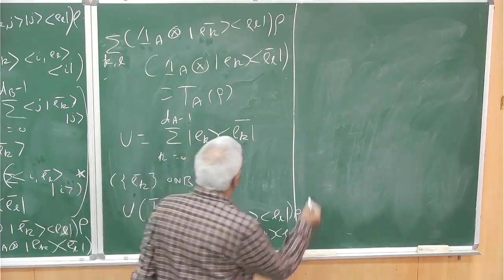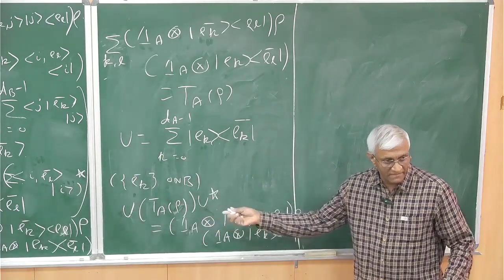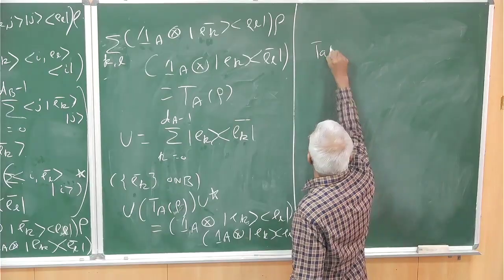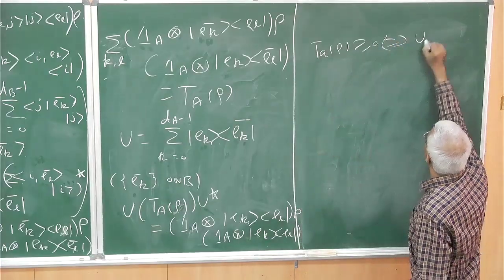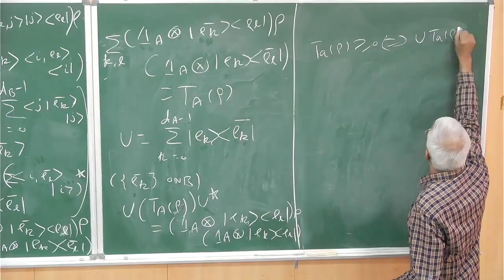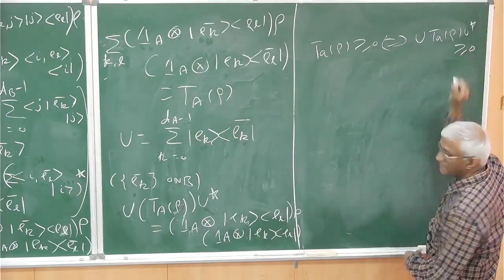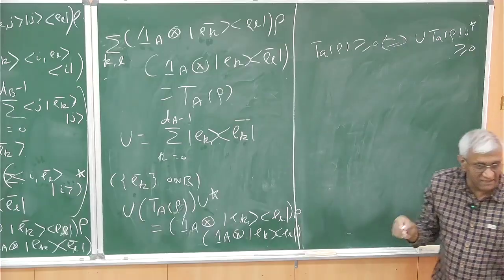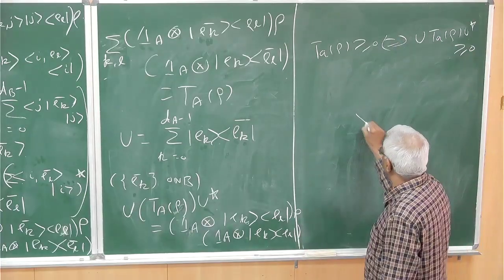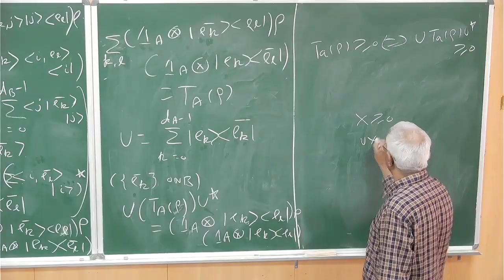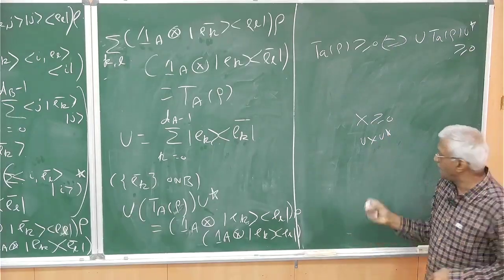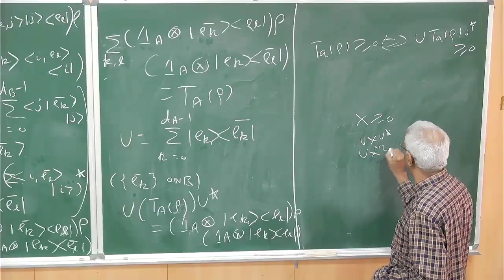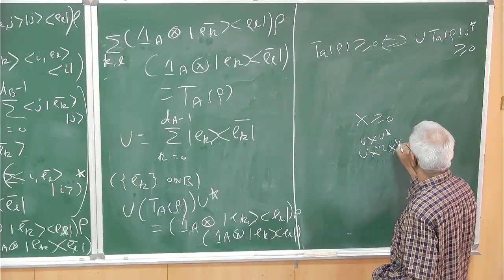Now, if TA rho is positive, this is also positive. TA rho is positive implies, in fact it is equivalent, that U TA rho U star is also positive. If any X is positive, then U X U star is also positive. You use the definition directly, or you can write it as U X power half times X power half U star.